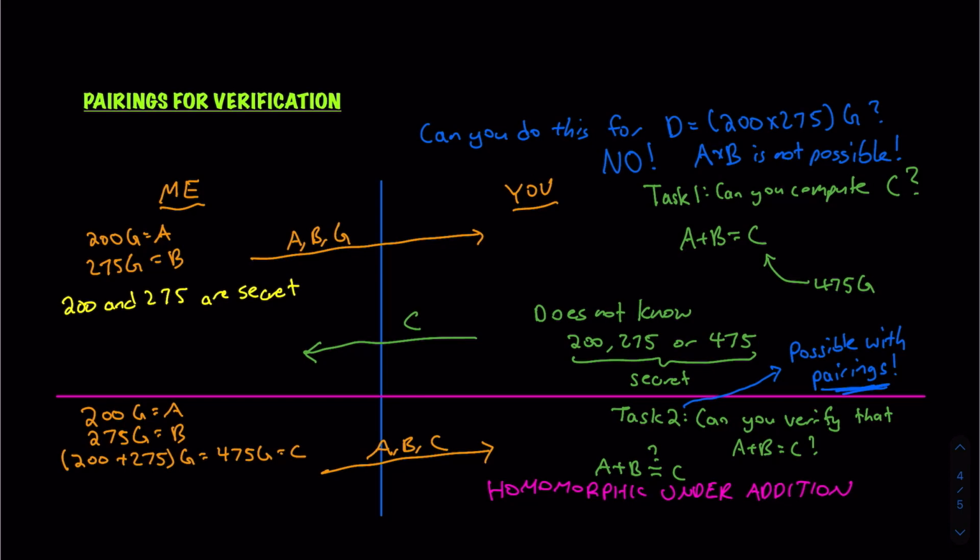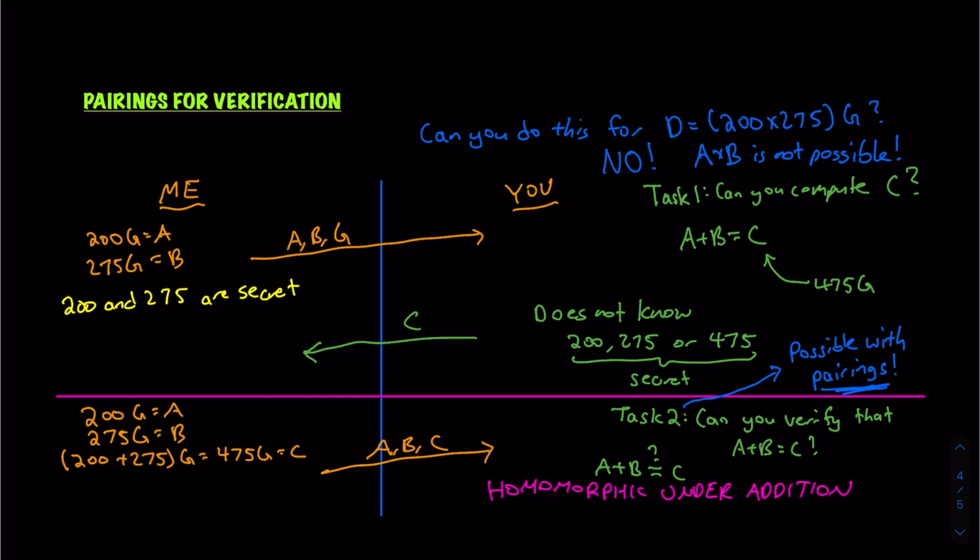And you could do it by doing A plus B, even though you didn't know the secret values of 200 and 275. In addition, I could also calculate on my own 200 plus 275 equals 475, and do 475 times G equals C. Given A, B, and C, you could verify that indeed A plus B equals C without knowing the secret values, 200 and 275.